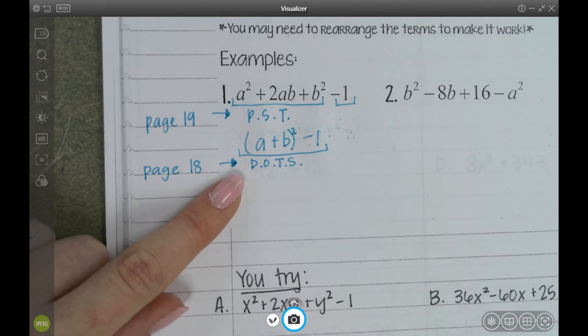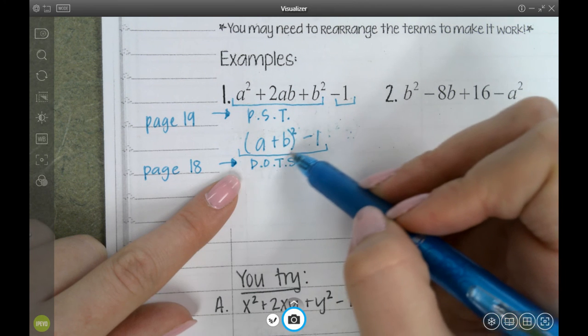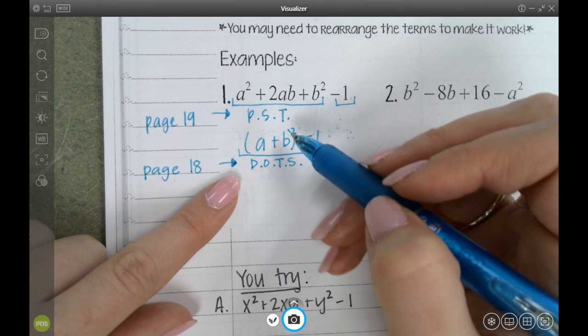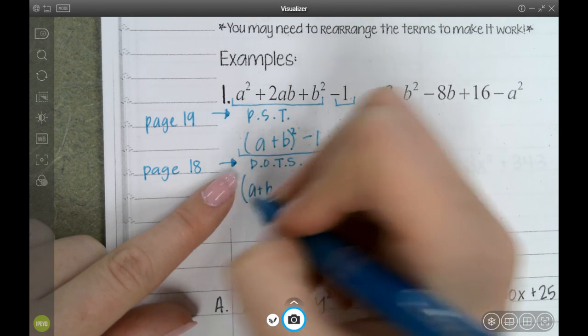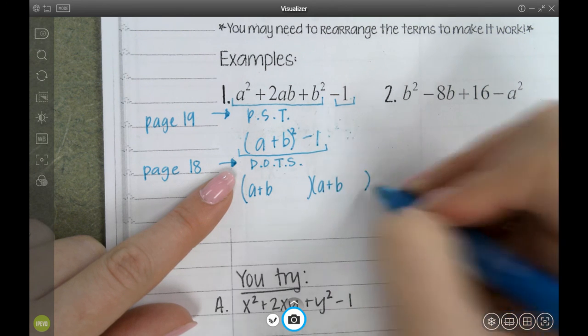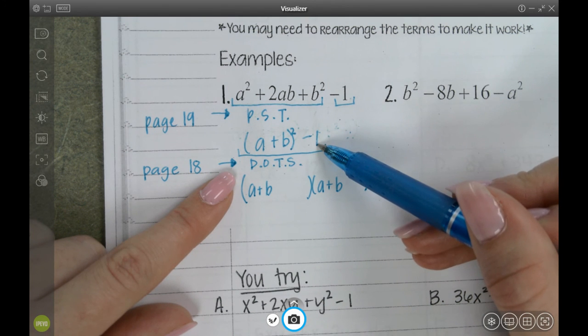So we have, for difference of 2 squares, you take the square root of your first term, and that goes in the front of each set of parentheses, right? So we have a plus b and a plus b. You take the square root of the second term.